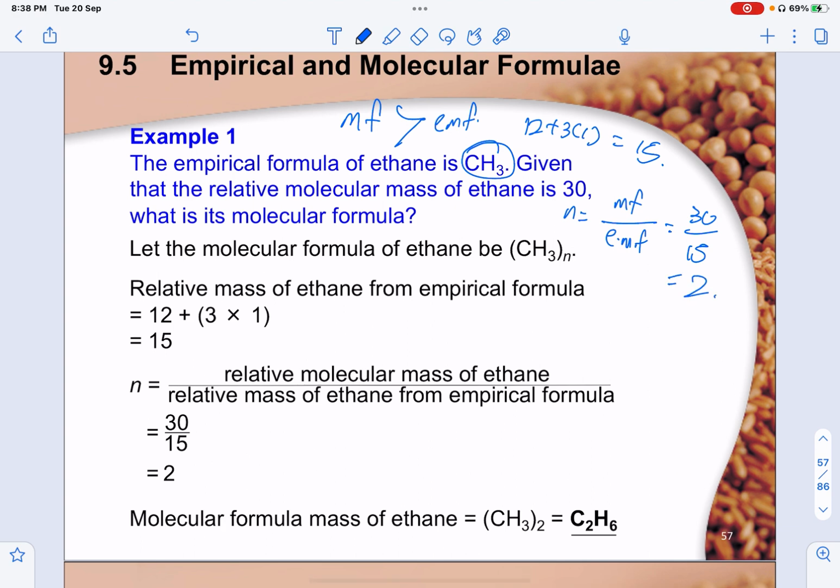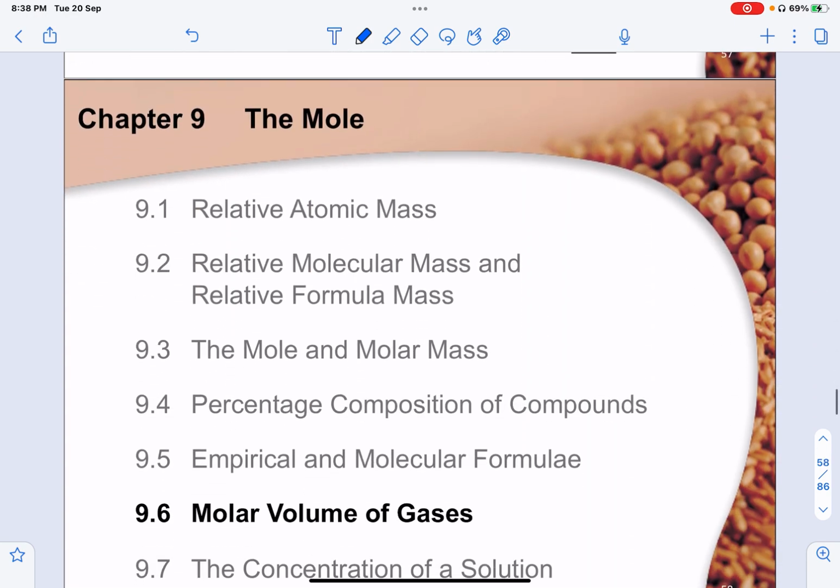You get n equals 2, which is the factor. So this would mean that for CH3, the multiplier is 2. Never finalize your answer in this way. Rather, you have to expand it out. So you multiply: C is 1, so 1 times 2 and 3 times 2, you get C2H6. This would be the finalized answer.